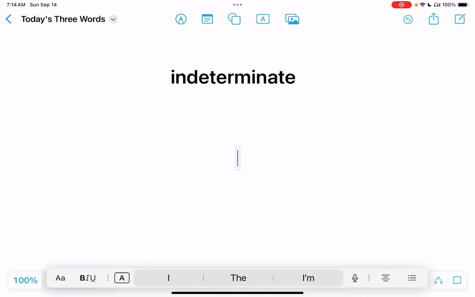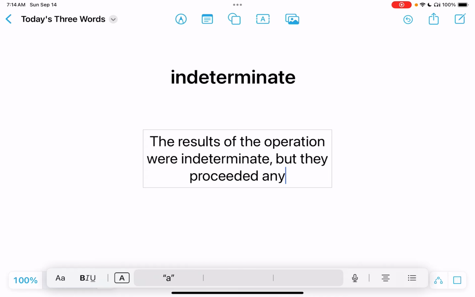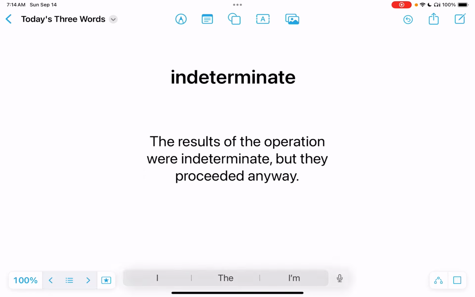Indeterminate is an adjective, a word that describes, and it means not precisely determined. Okay, the results of the operation were indeterminate, but they proceeded anyway.